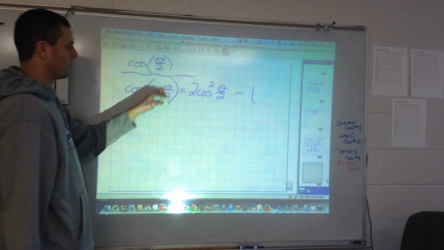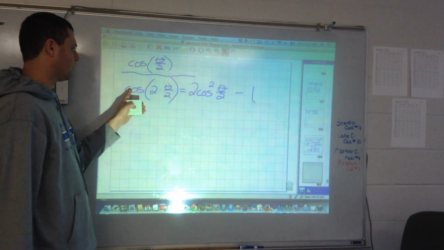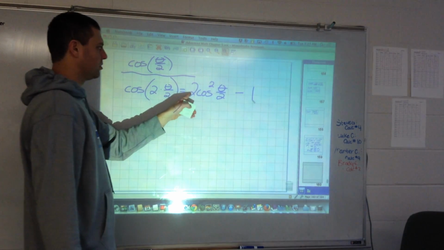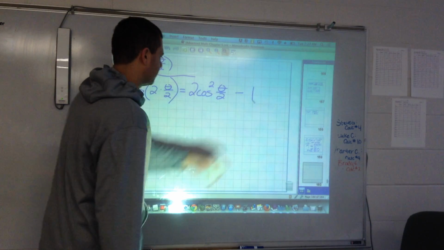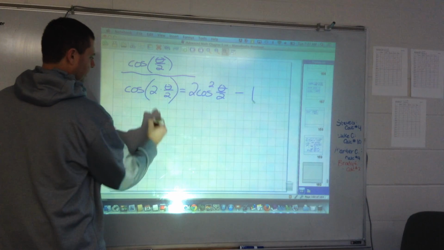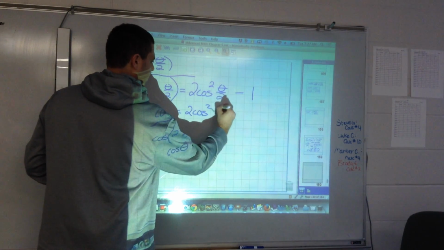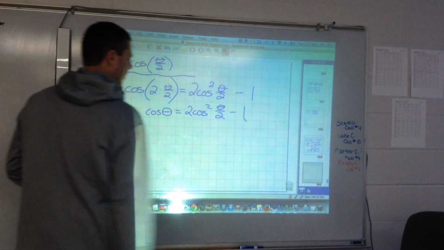So again, this was like my A in that double angle identity. So the cosine of twice angle A is equal to 2 cosine squared A minus 1. Now I think you guys would agree 2 times theta over 2 is just theta. So I have the cosine of theta equals 2 cosine squared theta over 2 minus 1.